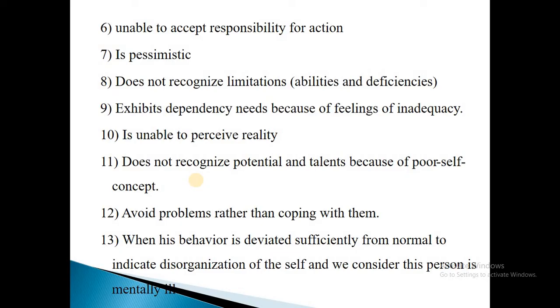Several times he has a sense of hopelessness. He usually says it is impossible to happen. He has negative thinking, a negative way of dealing with others, so he is pessimistic.